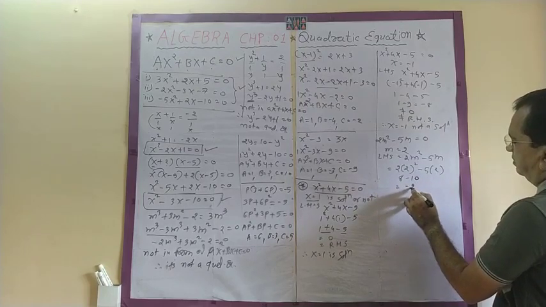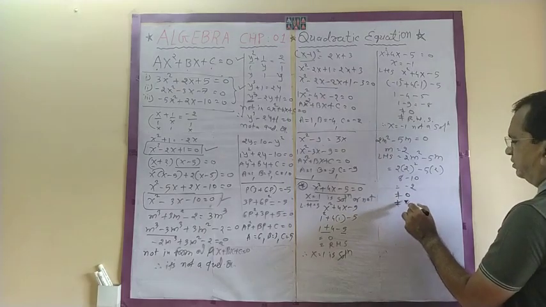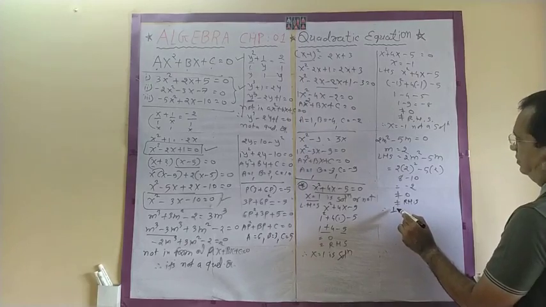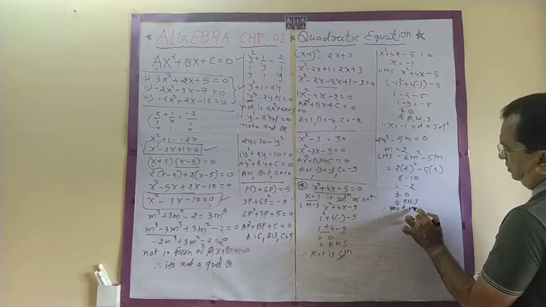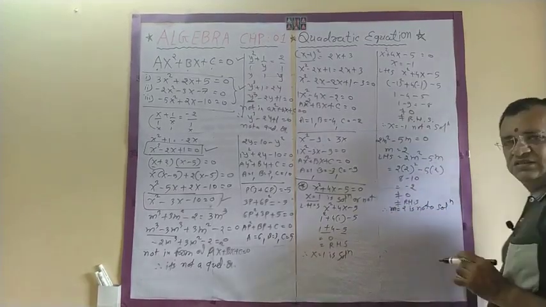So it is minus 2, which is not equal to 0, not equal to the right hand side. Therefore m is 2 is not a solution for this equation.